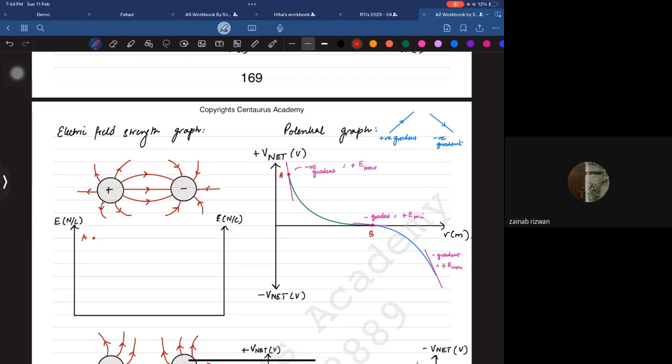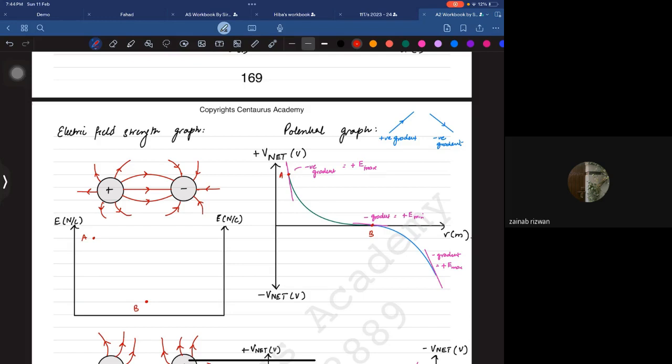So obviously, electric field strength will be the minimum in magnitude, but because the gradient is negative, electric field strength will be positive. Get it? So that means B has to be the smallest value, but positive value. Understood? Right in the middle.